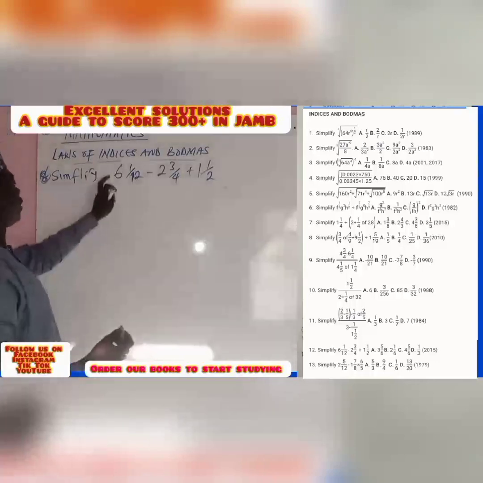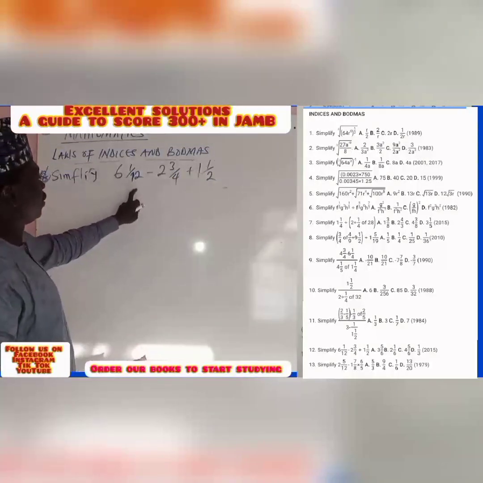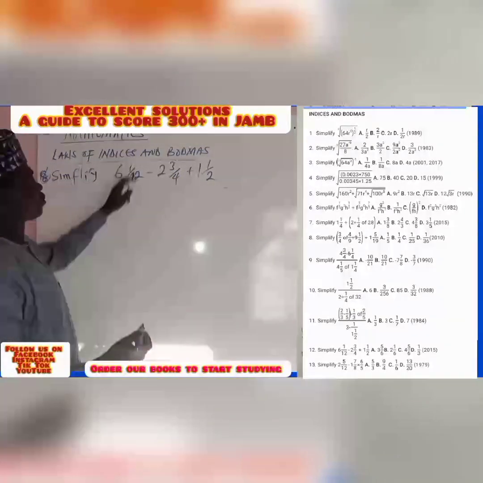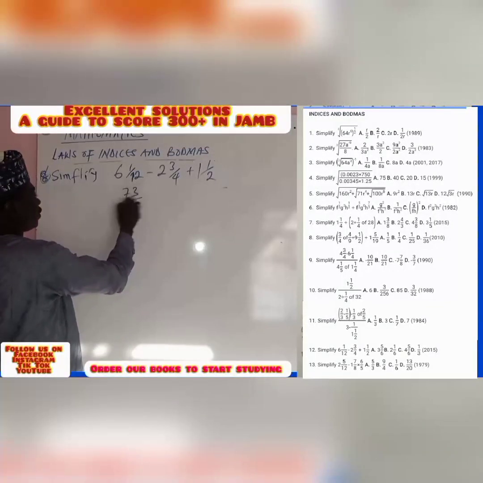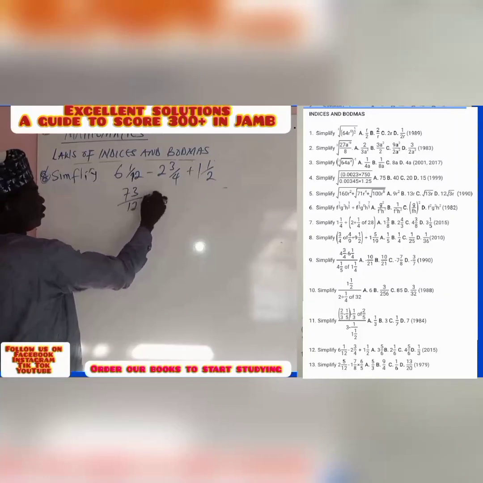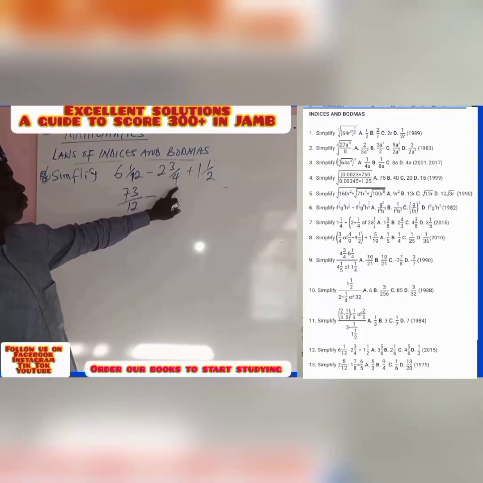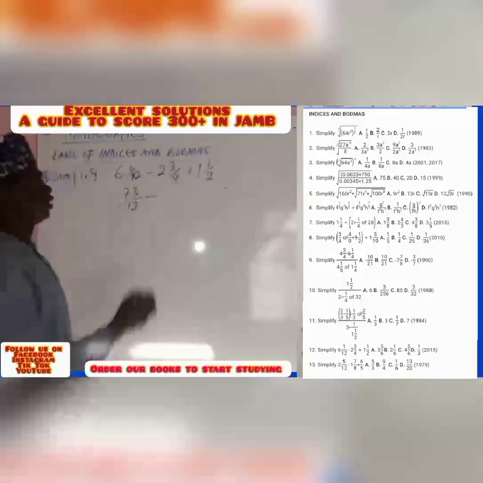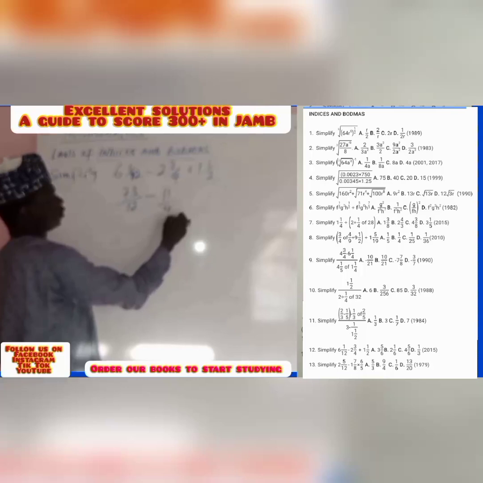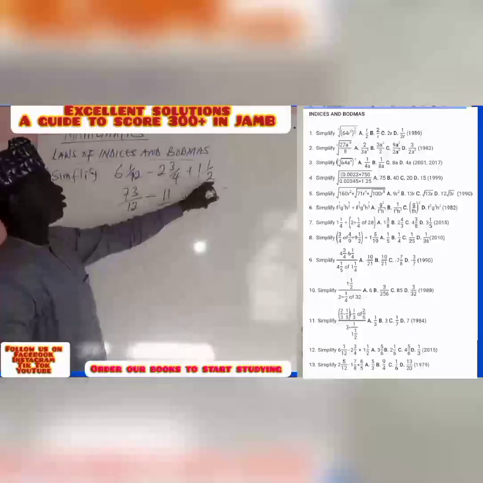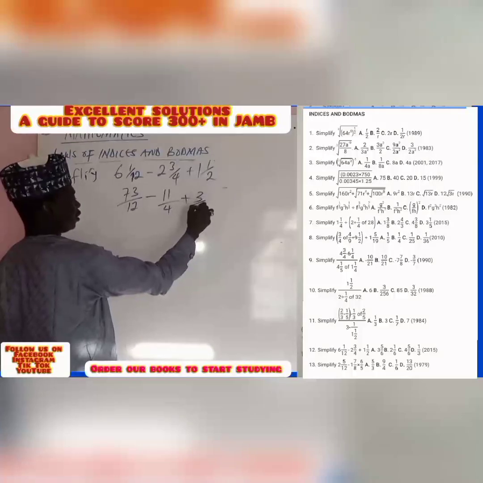So one thing that we look at here is that this is 6 times 12, we have 72. 72 plus 1 is 73. So we now have 73 over 12 minus 2 times 4 is 8. 8 plus 3 is 11. So we have 11 over 4. Then plus 1 times 2 is 2. 2 plus 1 is 3. We now have 3 over 2.